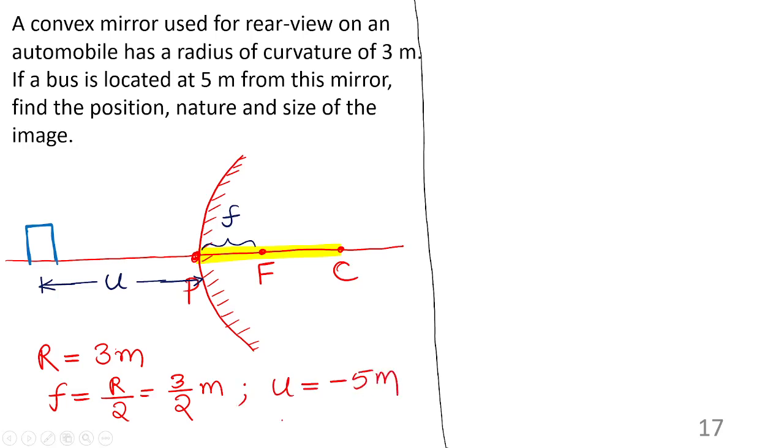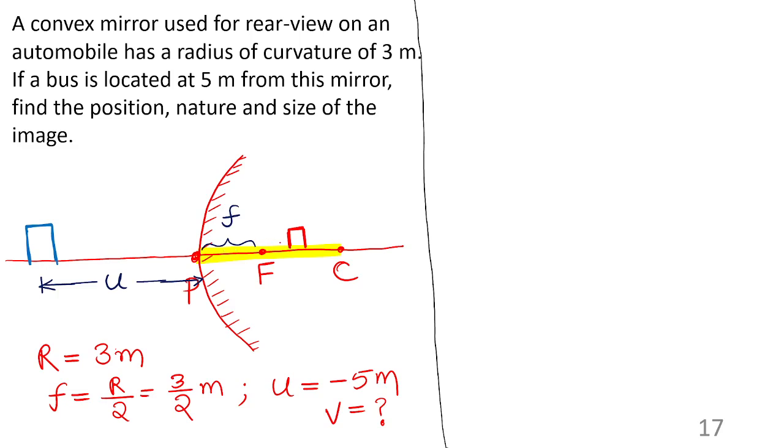If you forget to write the negative sign, the entire solution will be wrong. Suppose it is a 3-mark question, you will get only half a mark or 1 mark, because from the beginning you made a mistake. The sign is very, very important. Okay, u is negative. We have to find v. V is actually the image position. The image of the bus will be somewhere here or here, I don't know.